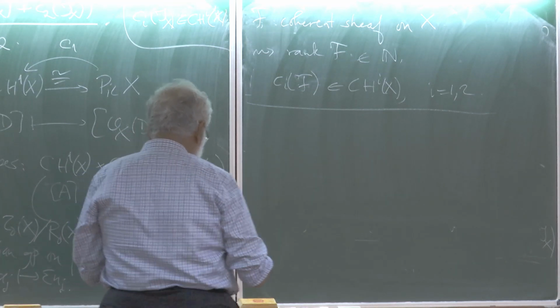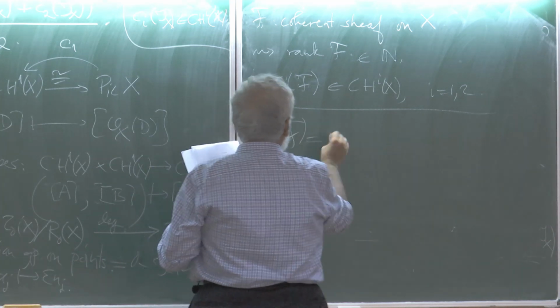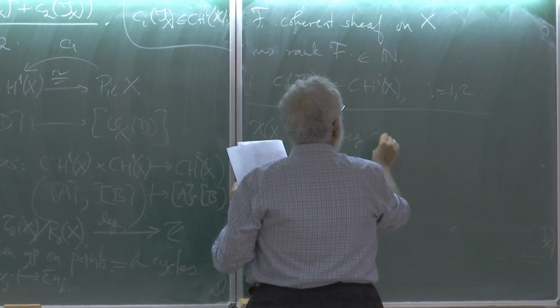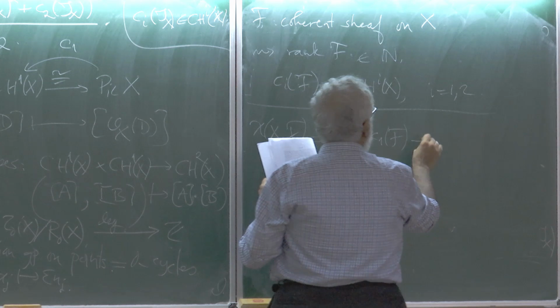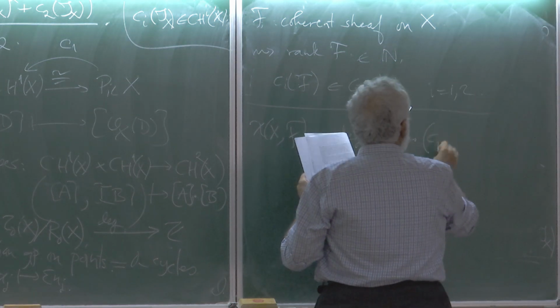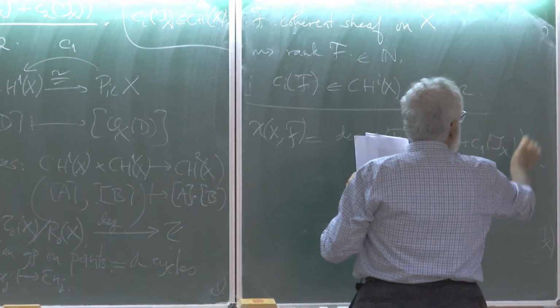So what's the general Riemann-Roch? It will look like this, chi of X, F. I'm just trying to give the shape of the business. C1 F multiplied by, this part looks like before.